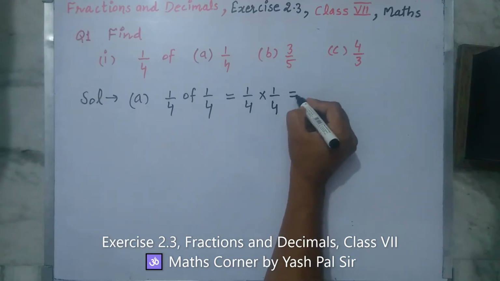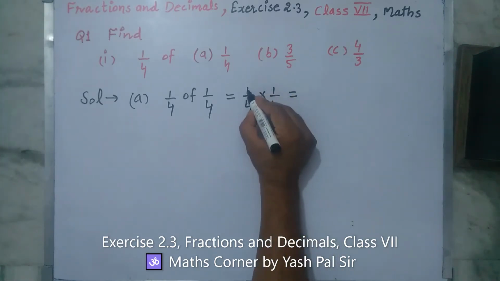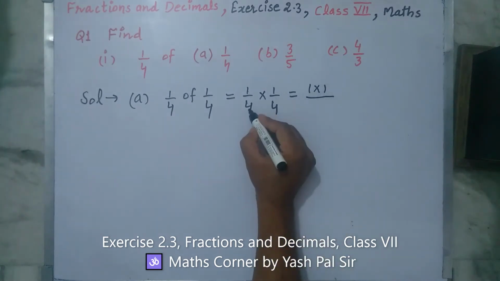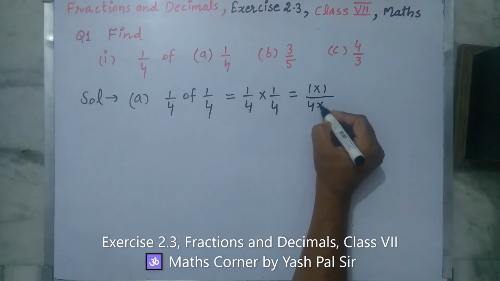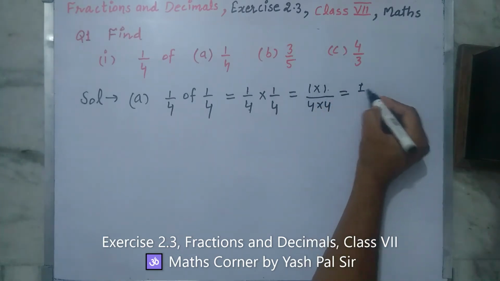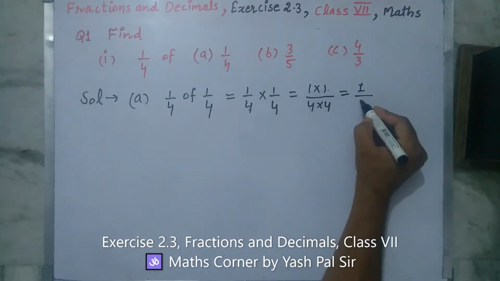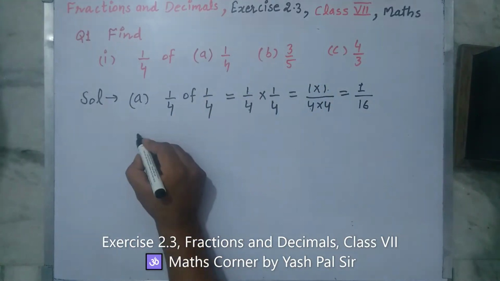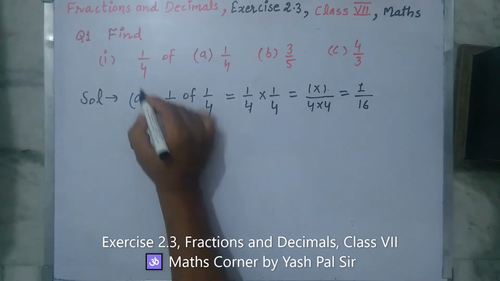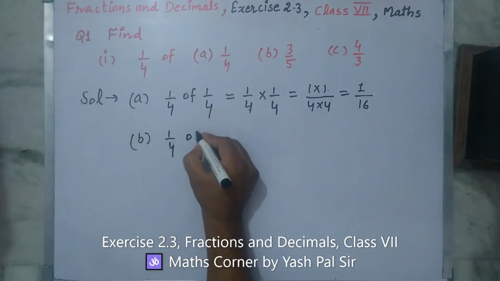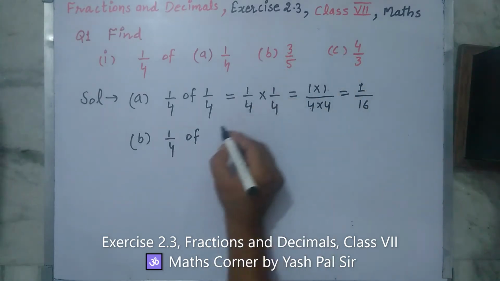So how to find the multiplication? 1 into 1, in denominator 4 into 4. What is the answer? 1 into 1 means 1, divided by 4 into 4, 16. Now we have B part, starting from here, 1 by 4 of 3 by 5.